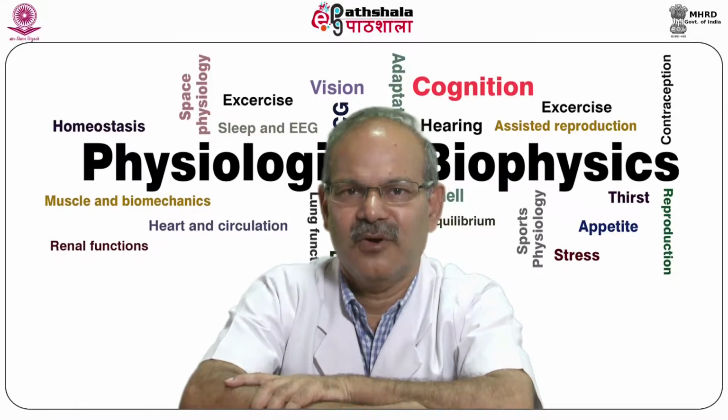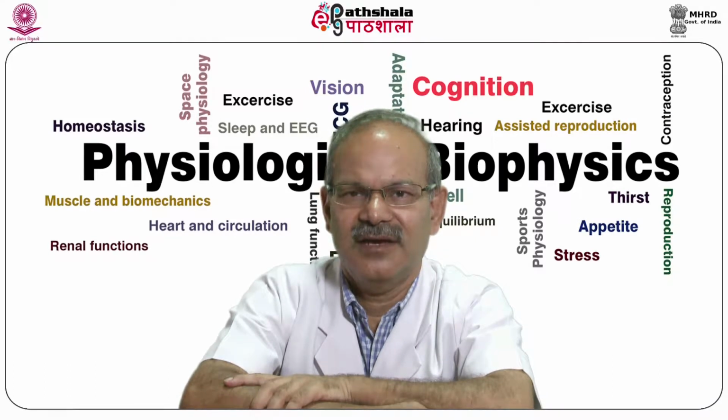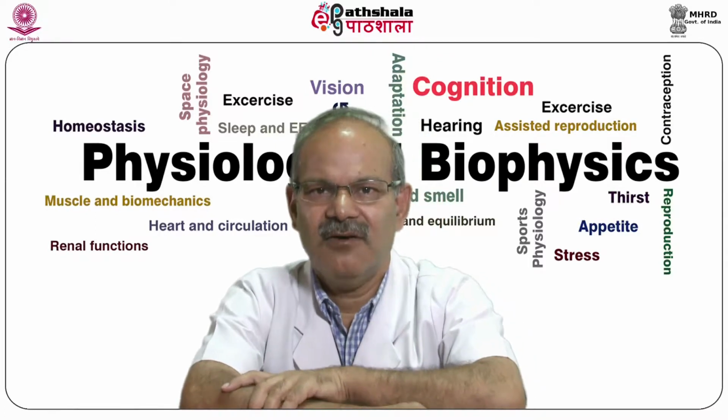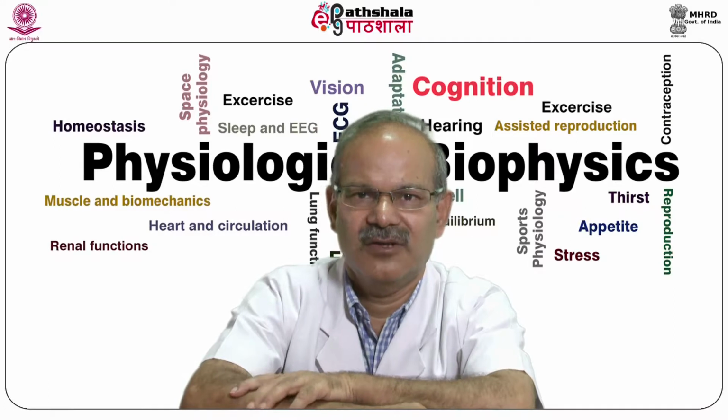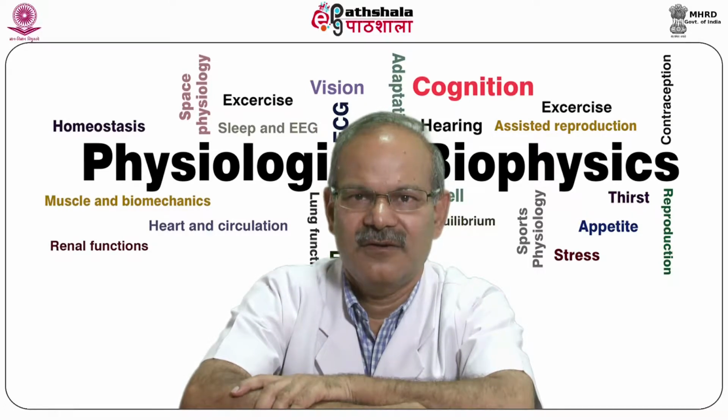Yoga is one important example where physiological principles are used to improve health in order to prevent diseases. There are also certain non-human applications of the knowledge of physiology, which are applied to fauna and flora.